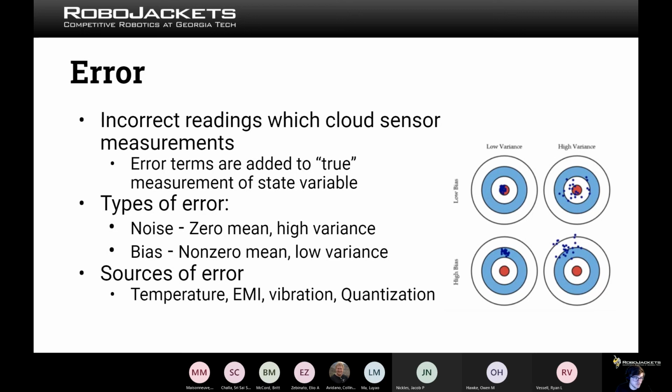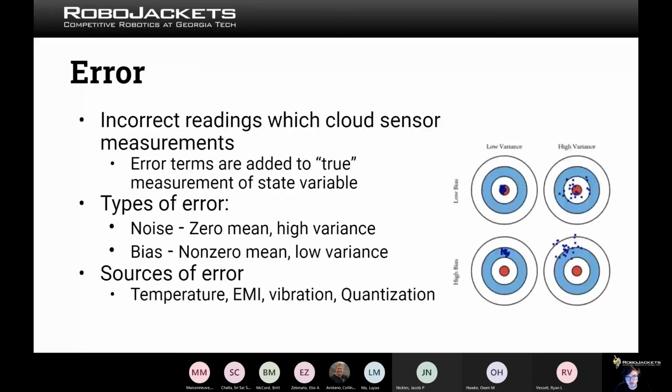If it's too staticky, you're not actually talking on the phone, you're just hearing a bunch of noise. Same thing here with sensors. Error terms are added to the true measurement of the state variable, so it shifts it away from what it actually should be.